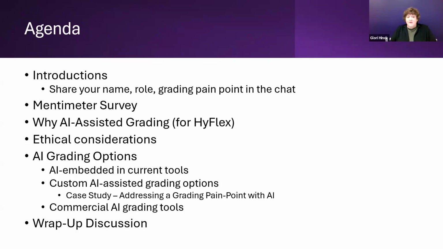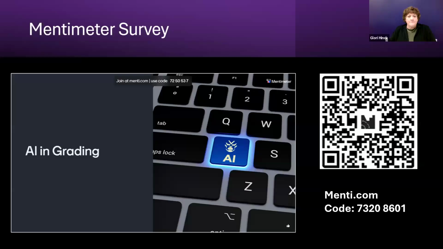We will touch on some ethical considerations. We'll look at some AI grading options. And then I hope to have time to just continue to discuss throughout this as well. So I'm going to talk kind of fast. We'll share the presentation with you and hopefully go off on some discussion points as well.